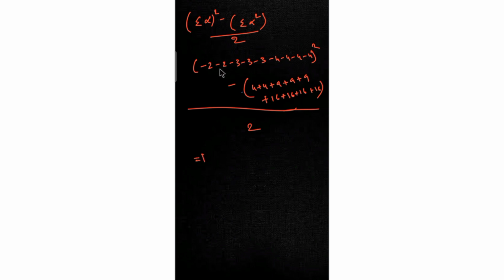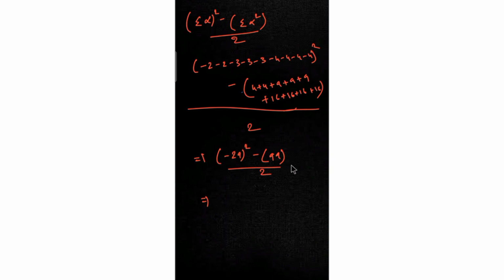The sum of the roots is -2, -4, -7, -10, -13, -17, -21, -25, -29. So it's -29 whole square minus 4 plus 4 is 8, plus 9 is 17, 26, 35, plus 16 is 51, 67, 83, 99. So this is 99 divided by 2.